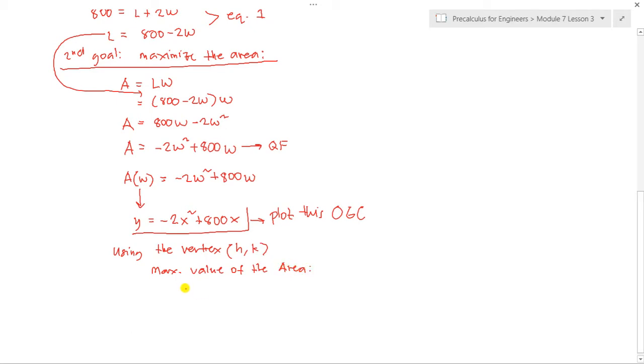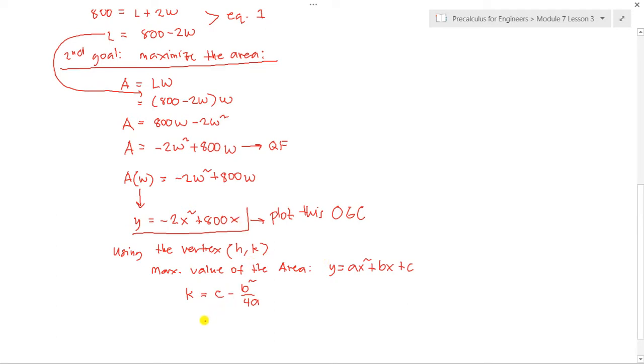We are going to use k, which is equal to c minus b squared all over 4a. Since we are converting area and w into a quadratic function, do you remember the parts of a quadratic function? That is y equals ax squared plus bx plus c. Since we convert area into y and w into x, negative 2 is the value of our a, 800 is the value of our b, but we don't have c because we don't have a constant here.